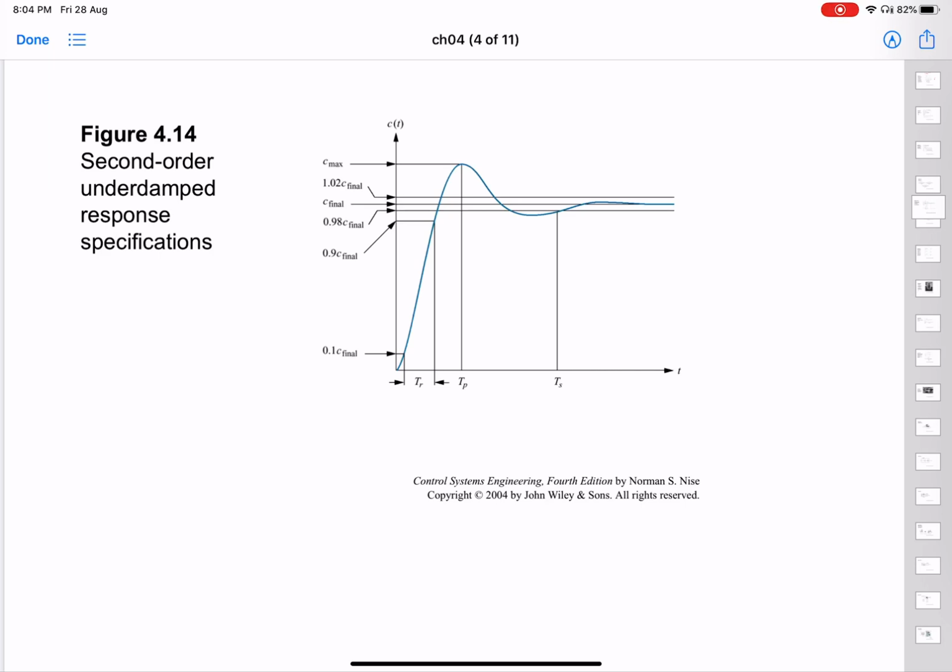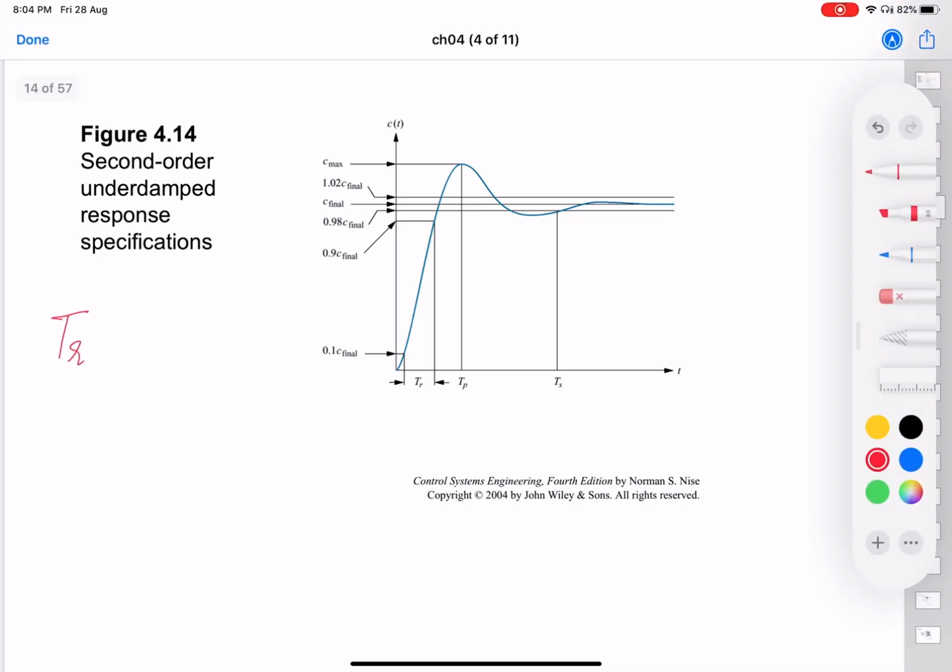So let us, for example, see two things that we have already defined with respect to first order systems. One was the rise time. If you remember, we defined it as the time taken to reach from 10% to 90% of the final value. So we can also apply the same definition here.